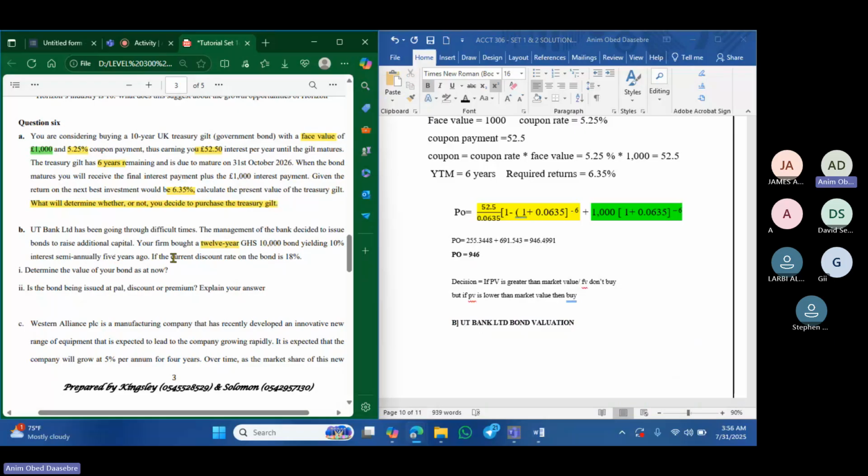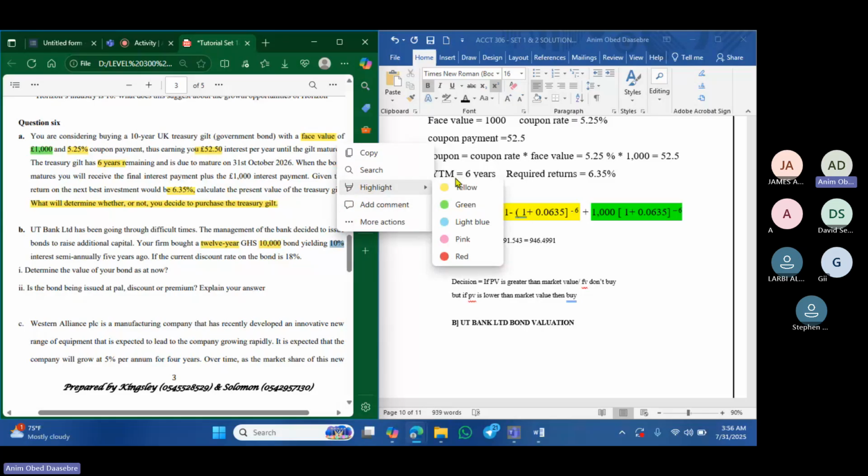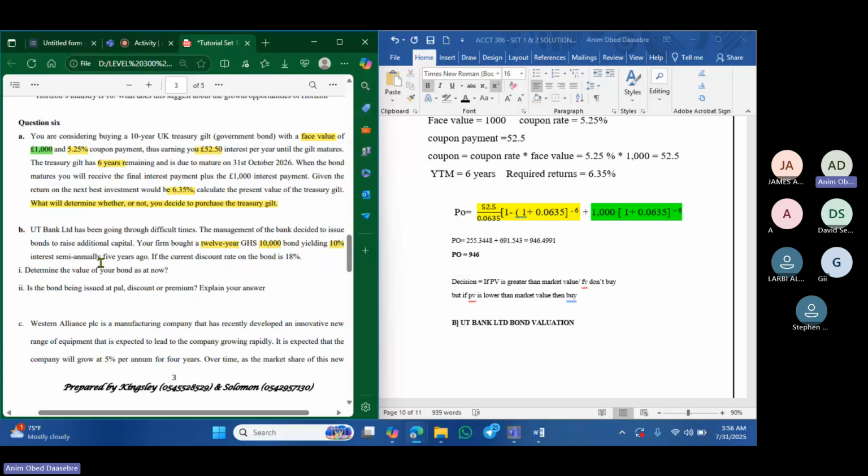If the current discount rate is 18%, so we have 10,000 being the face value or the par, and a 10% coupon rate. And this coupon rate is paid semi-annually. That means the coupon is paid twice a year.